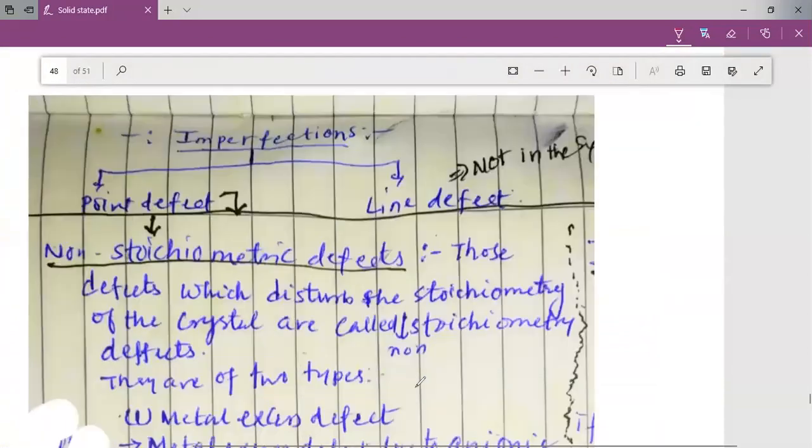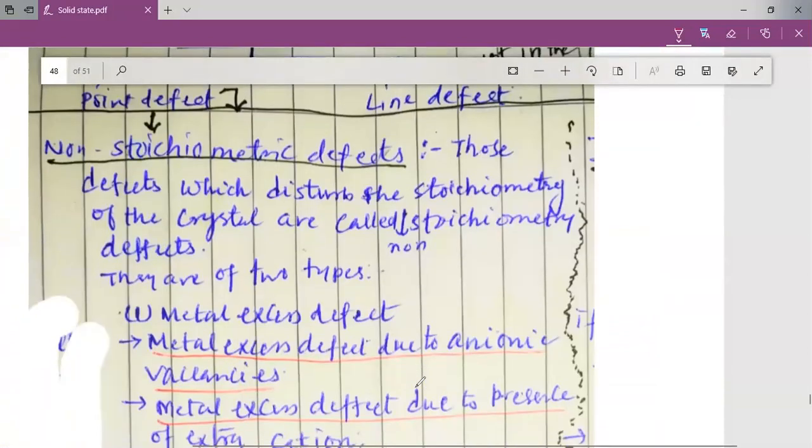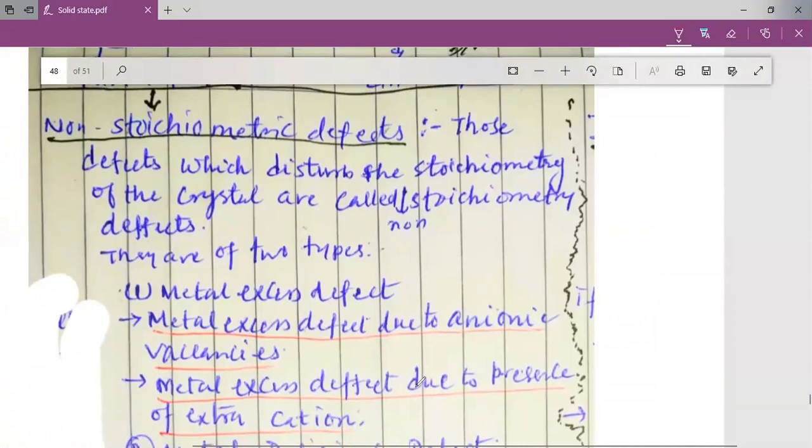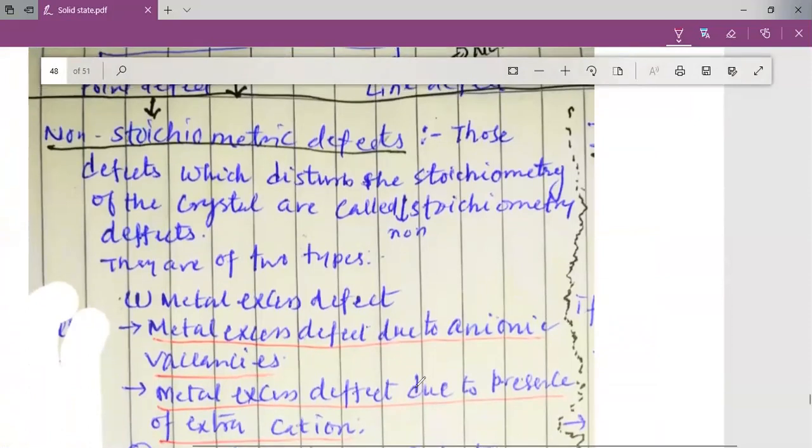Now, my dear students, we have studied about the stoichiometric defects. Now we want to study about the non-stoichiometric defects. So first we should understand what are these non-stoichiometric defects.